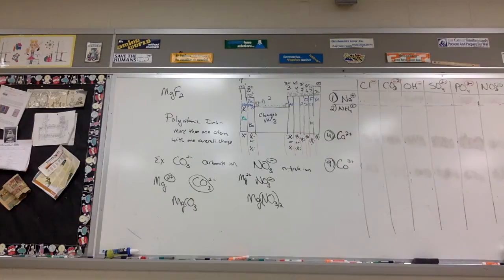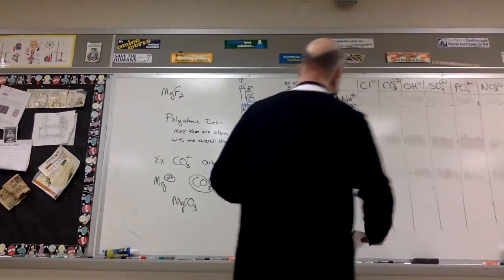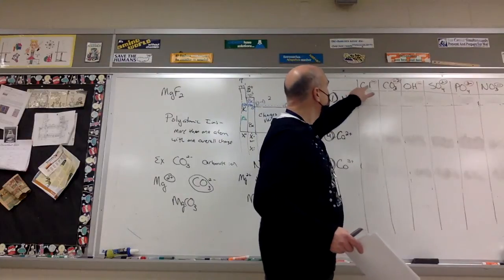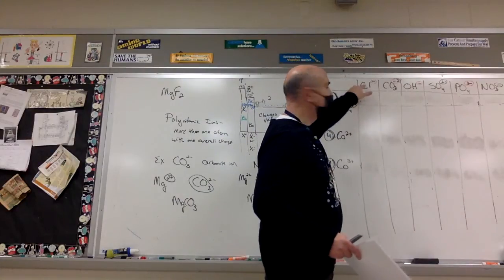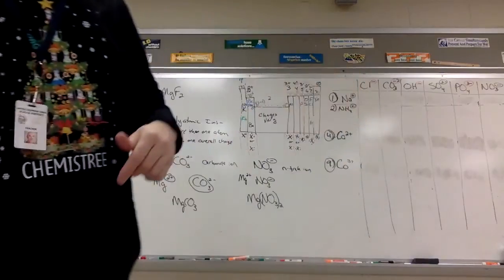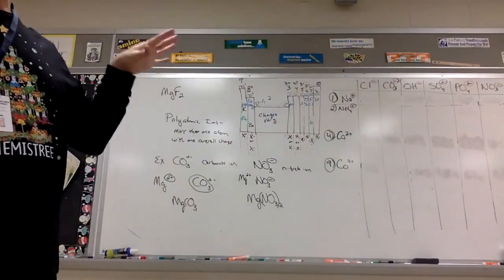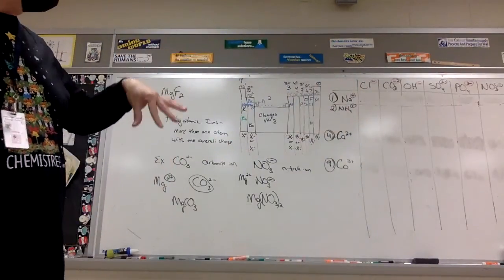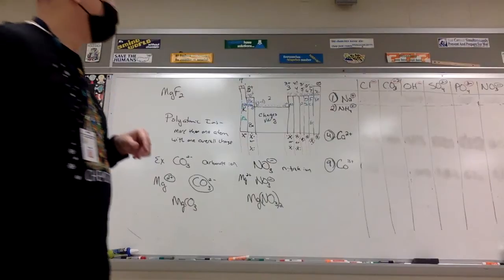1, 4, and 9. Just go across the row, and all you're doing is just writing the formula that you get if you're putting sodium with the chloride. You always put the positive one first. Always put the positive ion first in your formula, negative ion second.